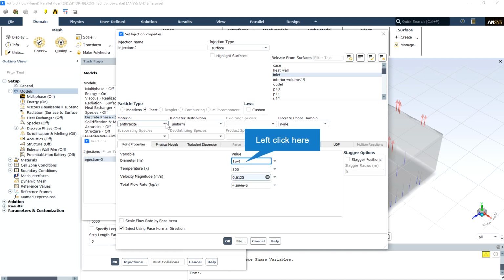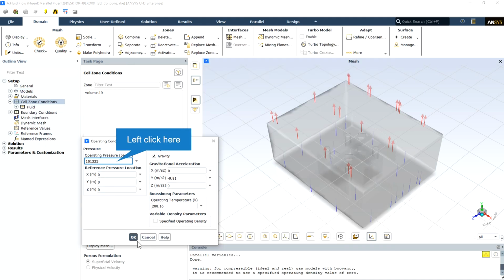In the Point Properties tab, we can specify all the variables about the particles, including diameter, temperature, velocity, and also mass flow rate. We should set the atmospheric pressure in the operating pressure of the operating condition section.